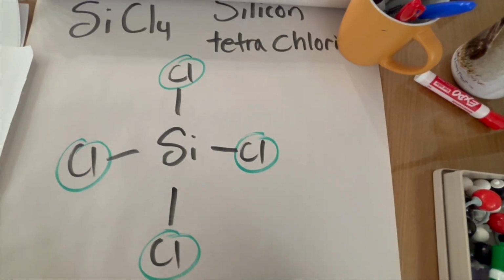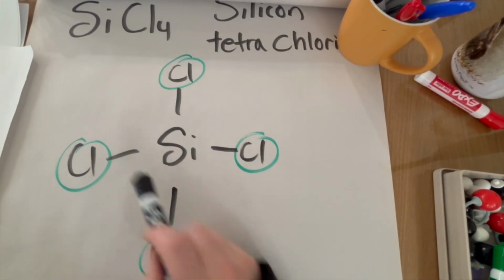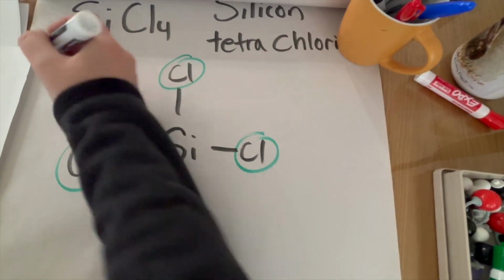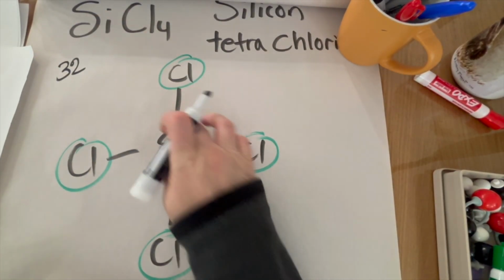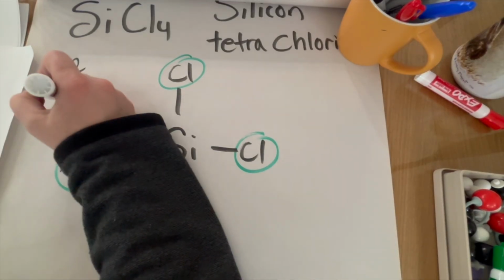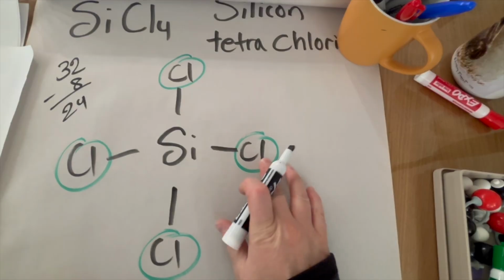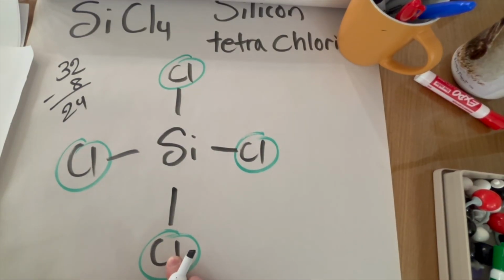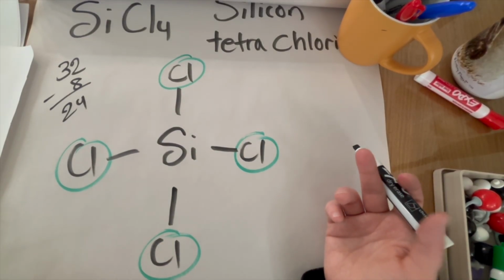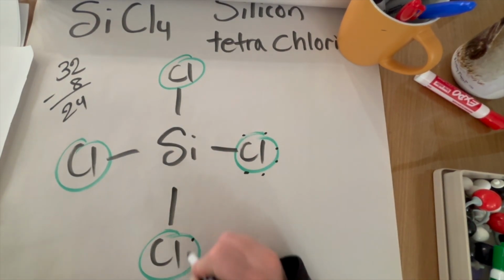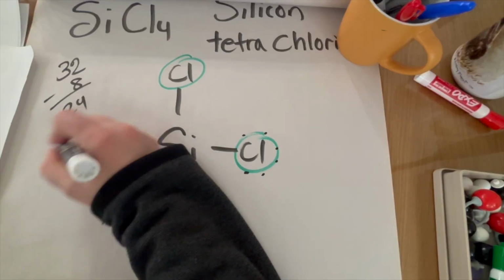Okay, so silicon now, as you can see, has 8 electrons around it, okay? And of our 32 electrons that we started with, we've used up 1, 2, 3, 4, 5, 6, 7, 8, right? So we have subtracted 8 and we got 24 left. And each of these 4 chlorides wants just 6 more, right? So how convenient. We can give each one of these guys 6 electrons.